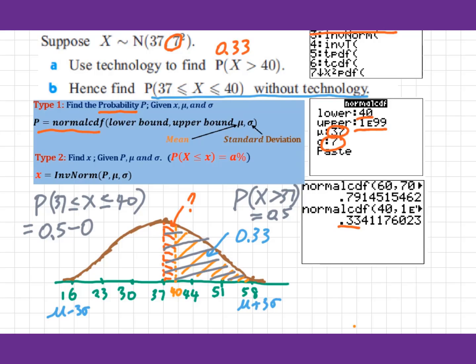So 0.5 minus 0.33. The answer will be 0.17. So it's critical that you know how to draw this normal distribution curve, and you know the meaning of probability, how to express the probability. You have to shade the proper region.